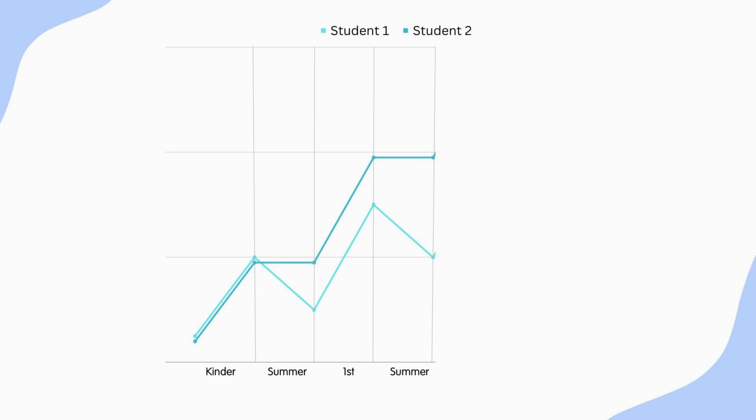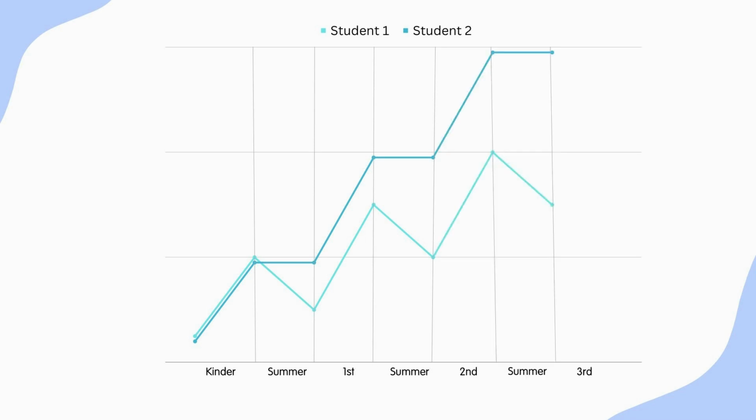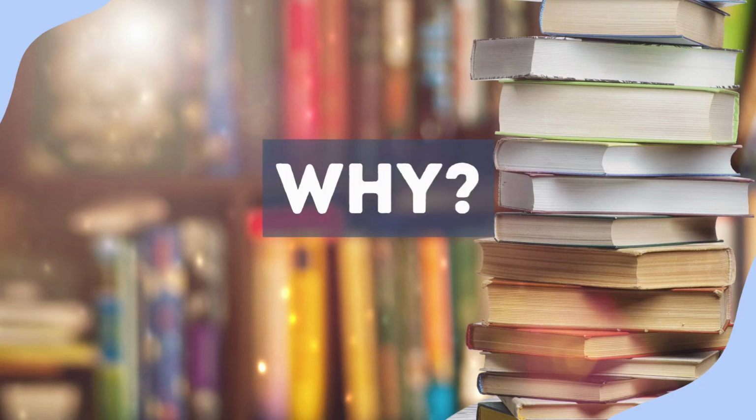Again, student one loses the typical 40% over the summer, and student two maintains. Now, if this continues, you can see how the two students who began their journey in a very similar place are now over a year grade level apart by the time they enter third grade.